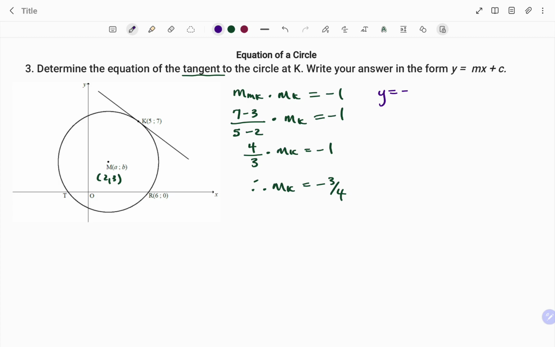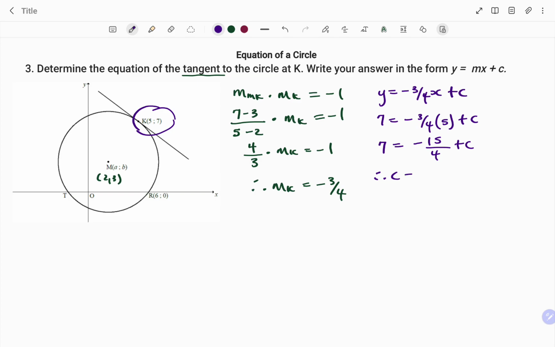If I have that as negative 3 over 4, therefore our equation y equals mx plus c, m now is the gradient, that's negative 3 over 4 x plus c. To find c, note that K is a point on that line, so we're going to substitute for y and x. So y will be 7 and x will be 5. We have 7 equals negative 3 times 5, that's negative 15 over 4, plus c.